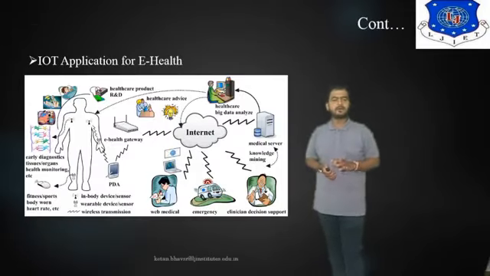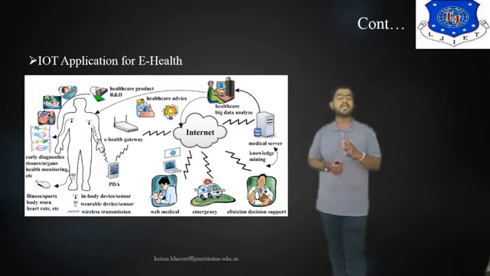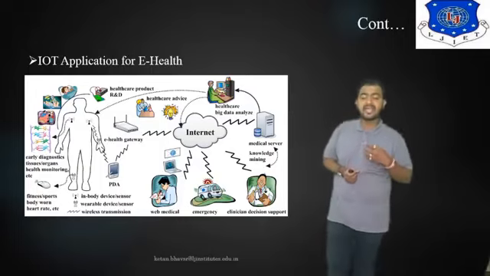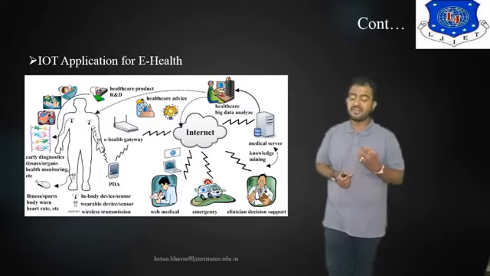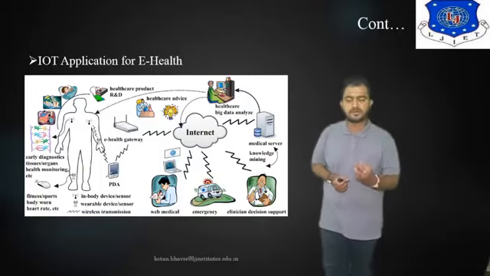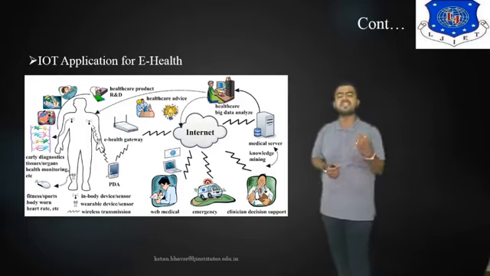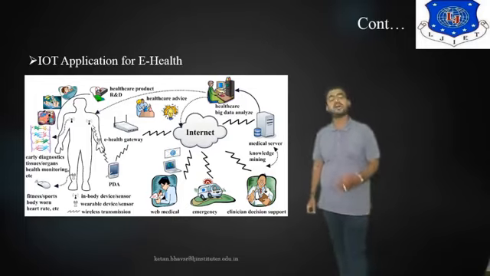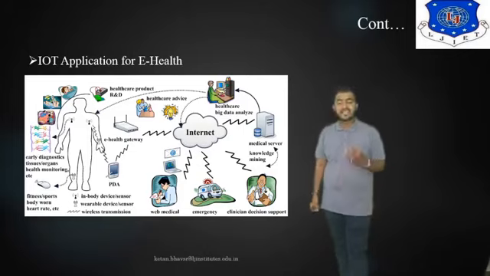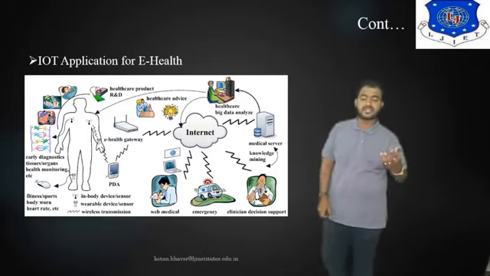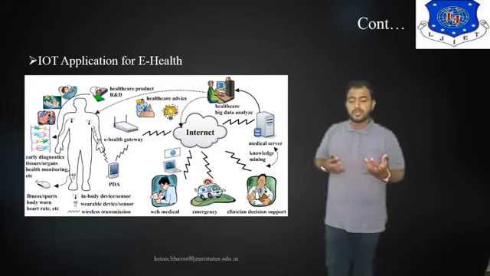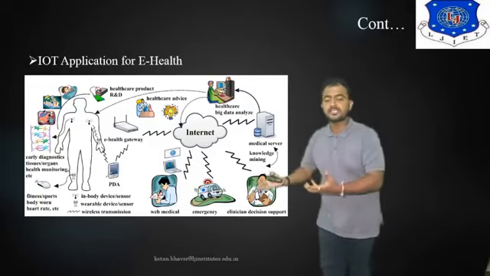Now we can talk about public health, or e-health applications. IoT plays a main role in monitoring and analyzing the human body, and it is the most important feature of an e-health management system using IoT. Now, as you know, in a critical situation like COVID, we fear to reach near the patient.